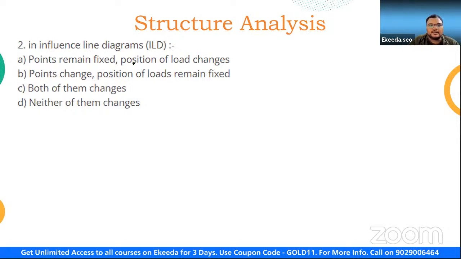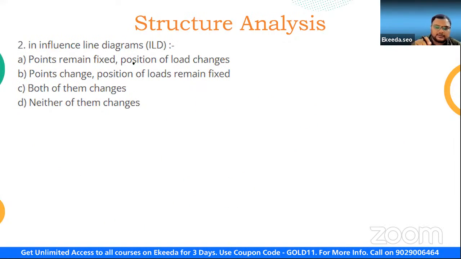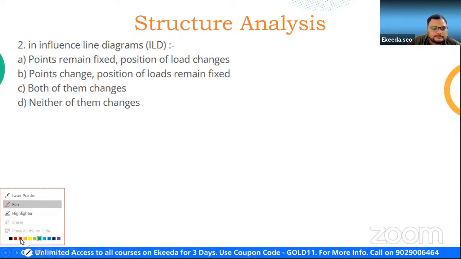The next question is, in the influence line diagram, which of the following options is correct? Can anybody tell me what is the difference between ILD and BMD, SFD? Now let me tell you through an example.